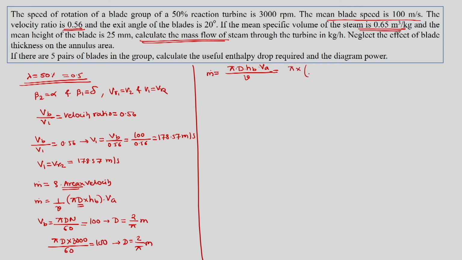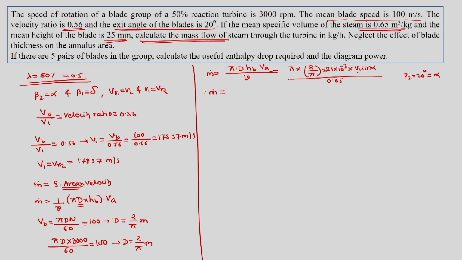So we have D equal to 2 by pi, into hb, which is given as 25 mm, so 25 into 10 to the power minus 3, and Va is V1 sin alpha, divided by the specific volume 0.65. We are given the blade angle at the exit as 20 degree, so beta 2 is 20 degree, but that is equal to alpha.